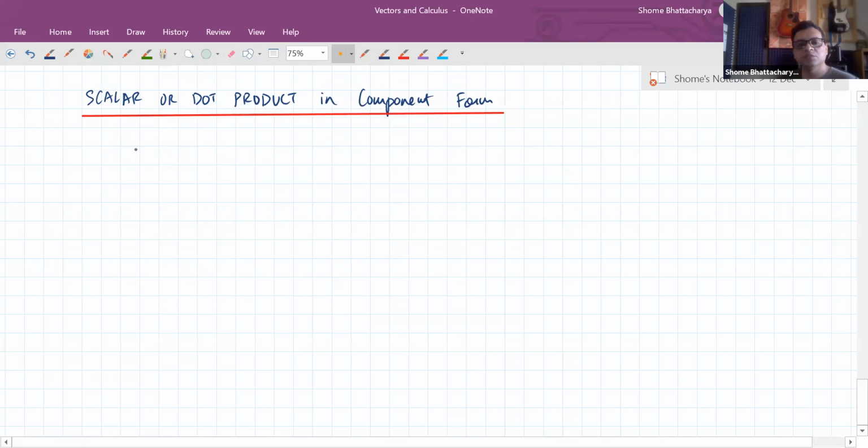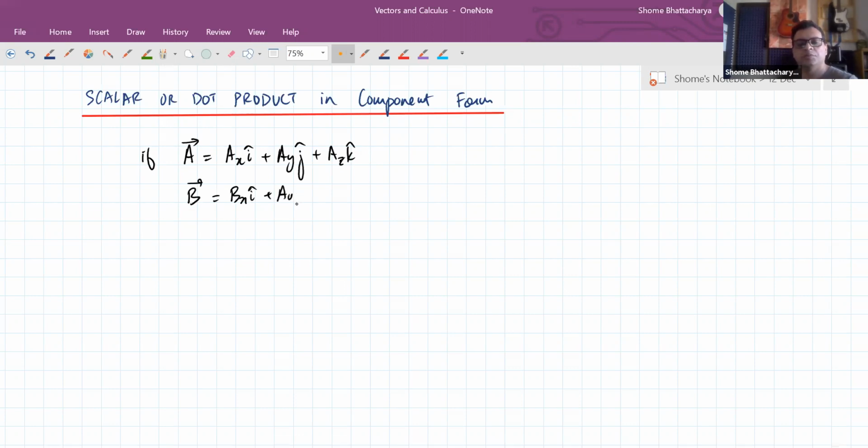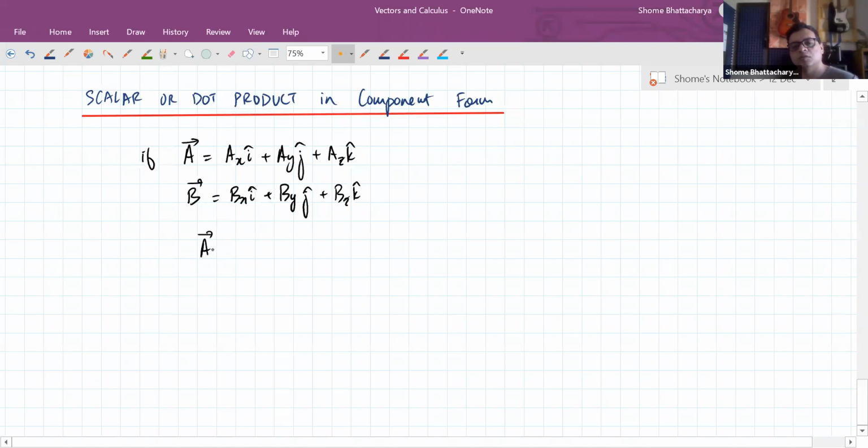So this is given by a very simple formula that if in general the vector A is having rectangular or three-dimensional components Ax, Ay, and Az, and the vector B similarly having components Bx, By, and Bz, then the dot product is given by this simple relation.